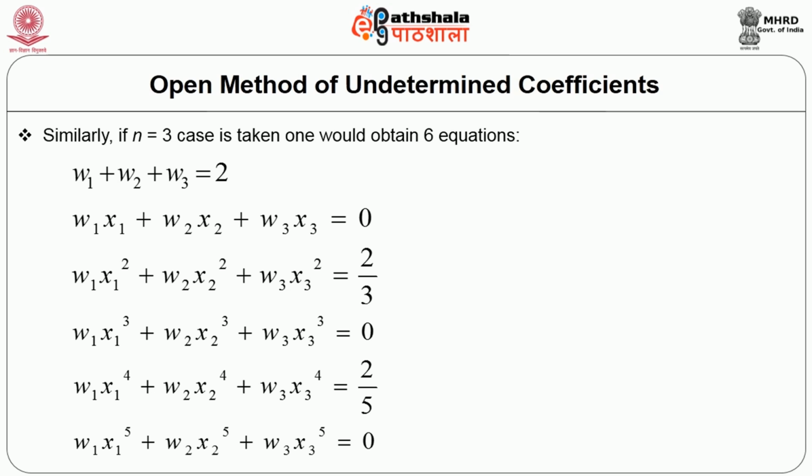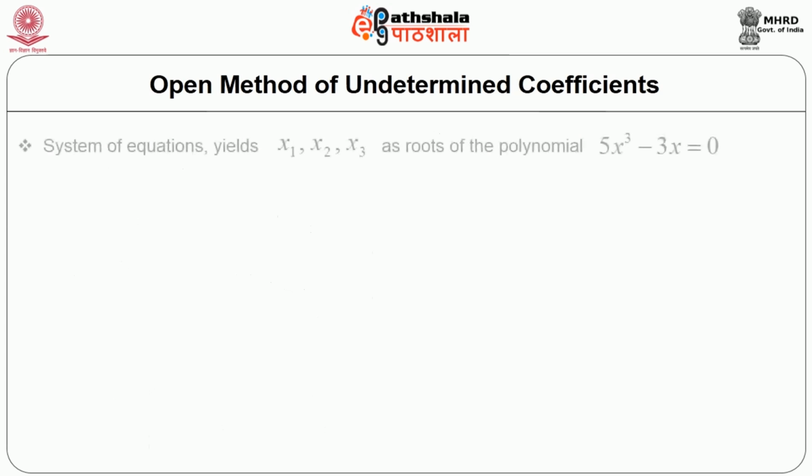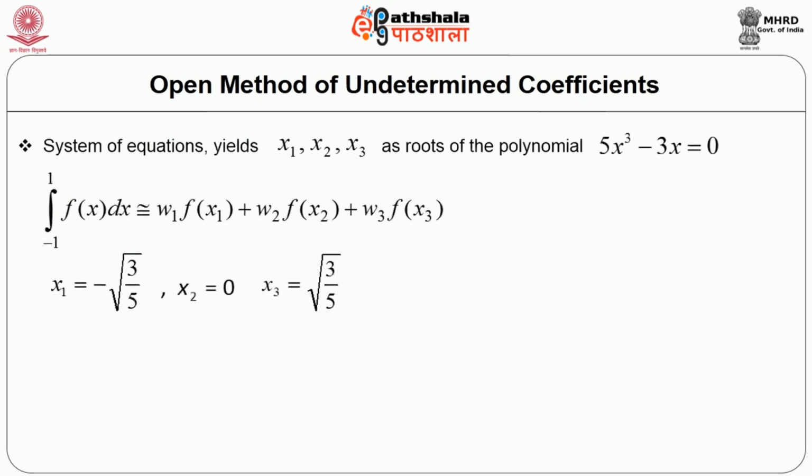W1 x1 raised to 4 plus W2 x2 raised to 4 plus W3 x3 raised to 4 equals the integral of x raised to 4, which is x raised to 5 by 5, and 2 times, so 2 by 5. Finally, again x raised to 5 is odd, so W1 x1 raised to 5 plus W2 x2 raised to 5 plus W3 x3 raised to 5 will come out to be 0.